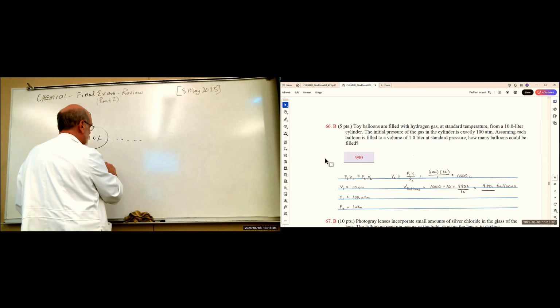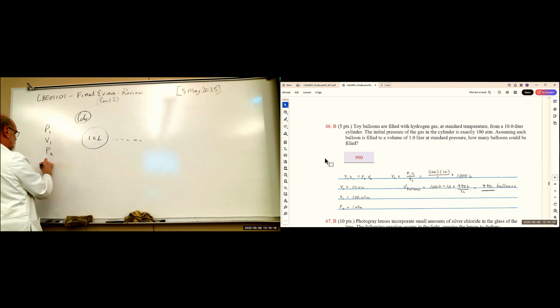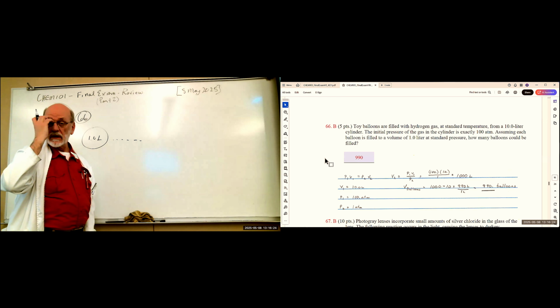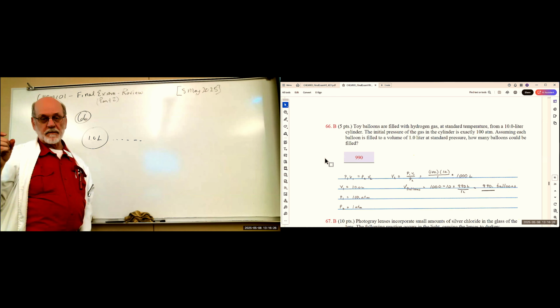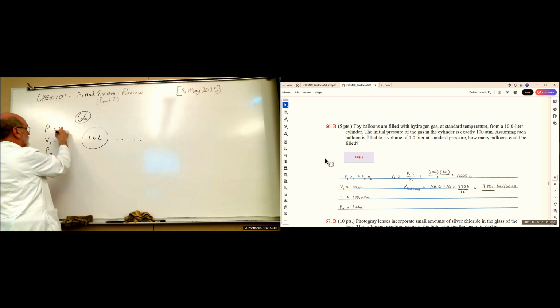So if we have initial pressure and initial volume, and final pressure and final volume, the initial pressure is going to be 100 atmospheres inside that cylinder.